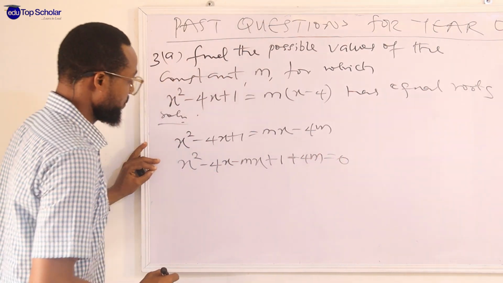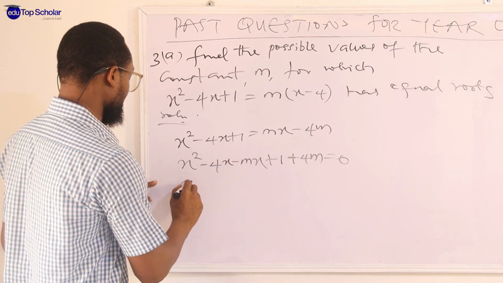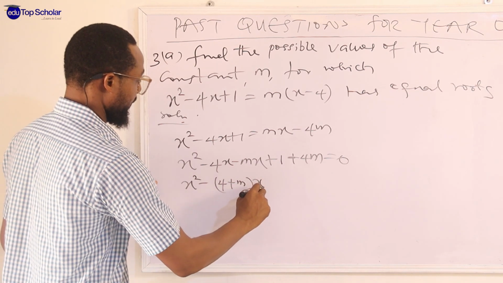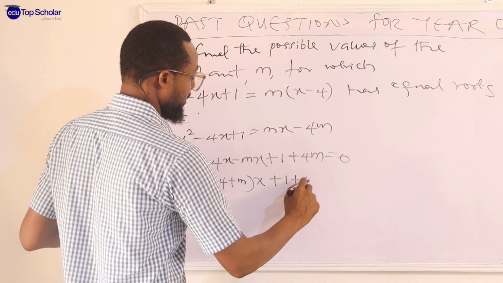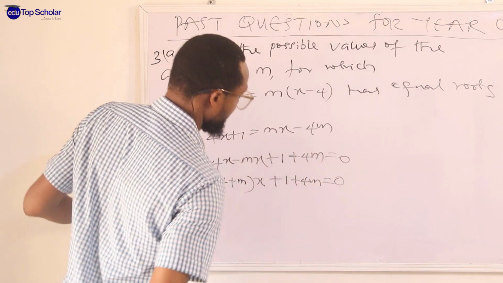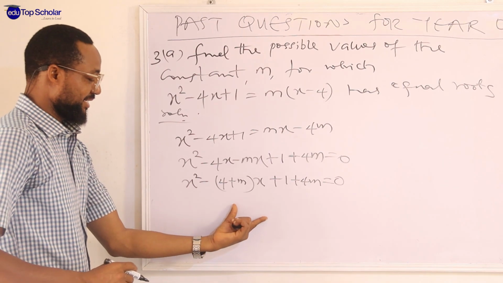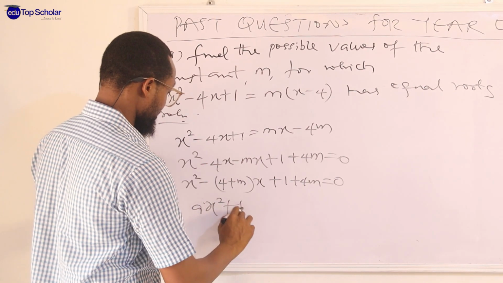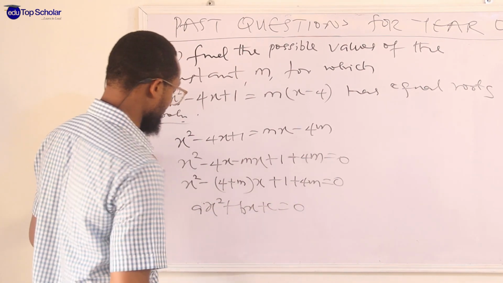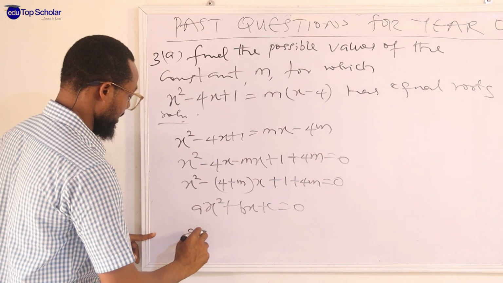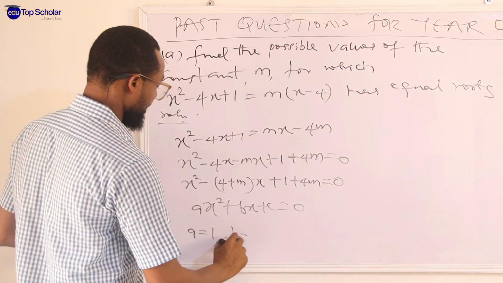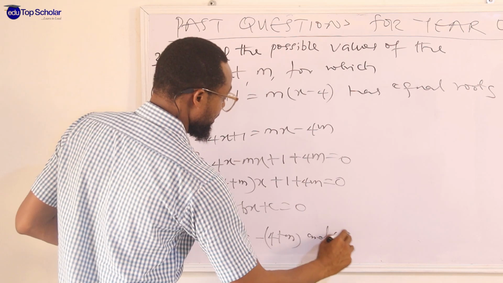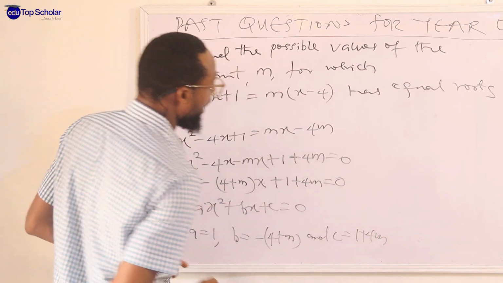From here, I can factor x to have x squared minus 4 plus m, times x, plus 1 plus 4m equals 0. When I compare this with the standard quadratic equation, ax squared plus bx plus c equals 0, we discover that a equals 1, b equals minus 4 plus m, and c equals 1 plus 4m.